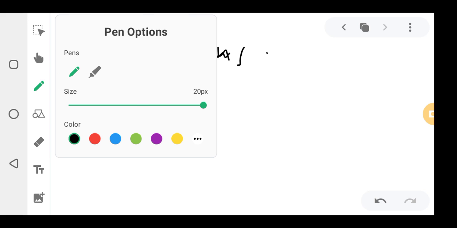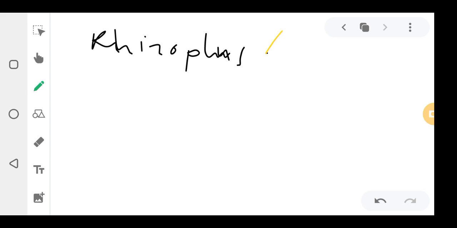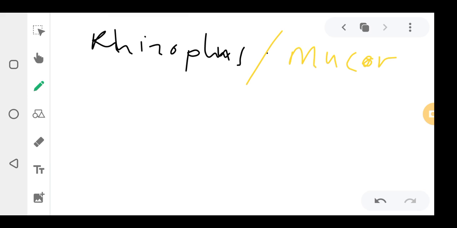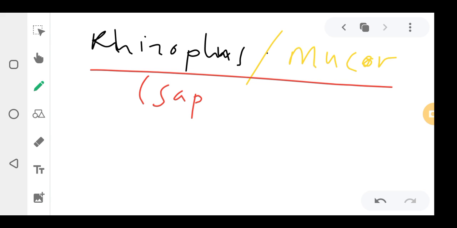A rhizopus is sometimes also known as mucor, M-U-C-O-R. But how does it look like? This rhizopus is a saprophyte. You remember what I said concerning saprophytes? So a rhizopus is an organism that feeds on other dead living organisms.